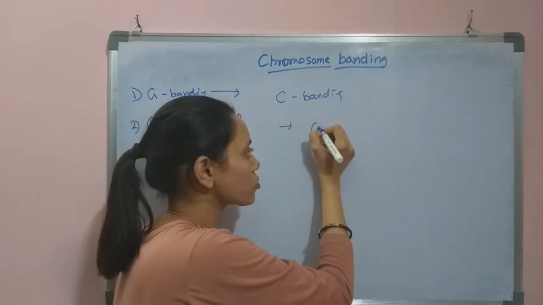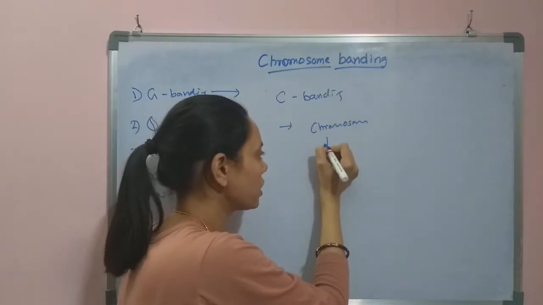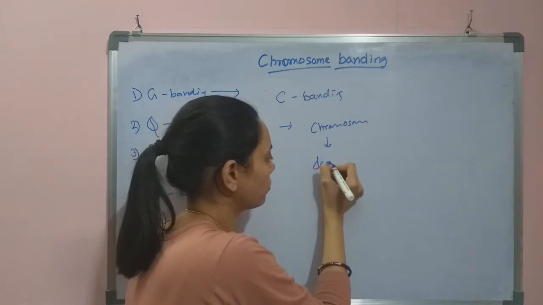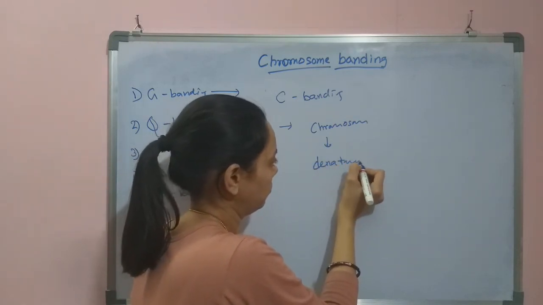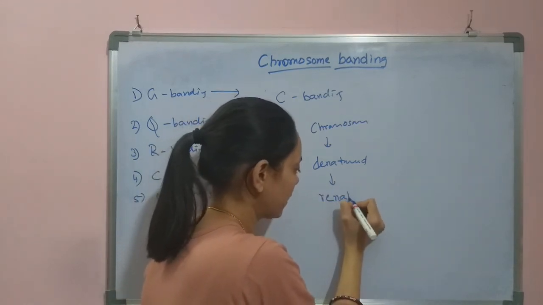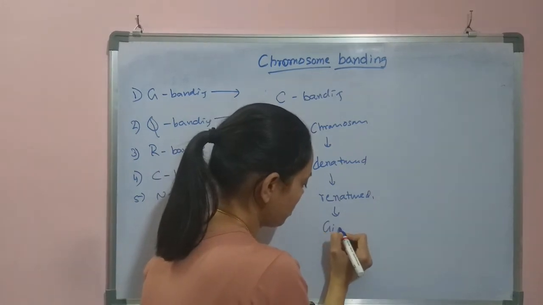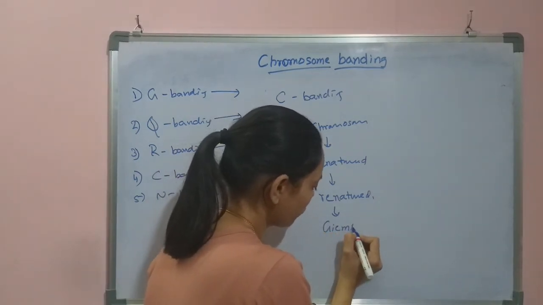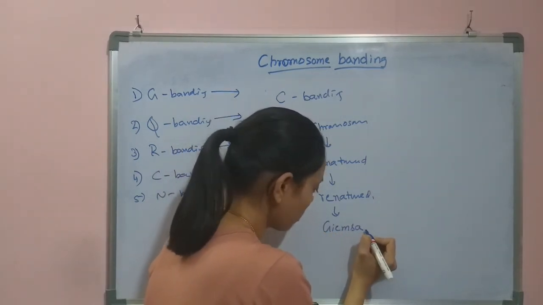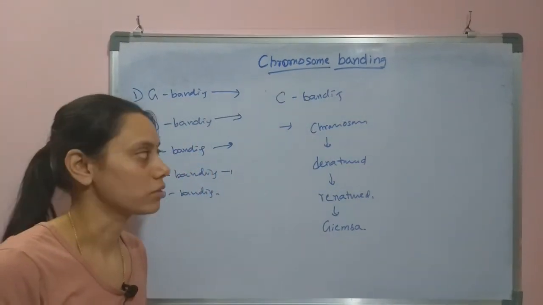Basically the chromosomes will be denatured and then renatured slightly, and then Giemsa dye will be employed to make the banding pattern.